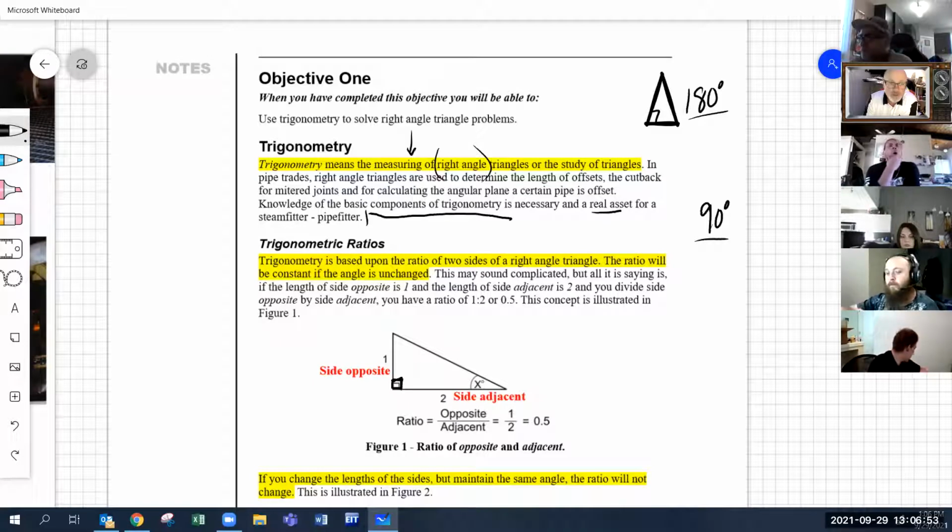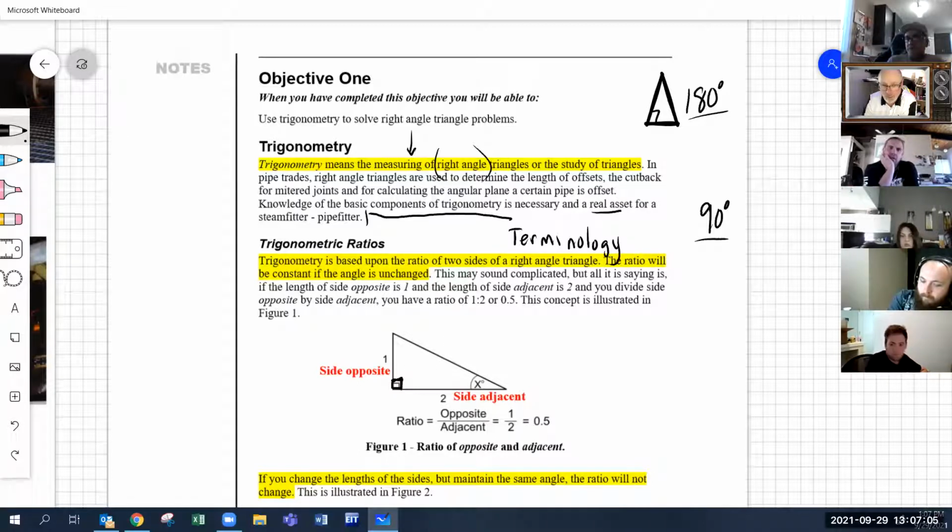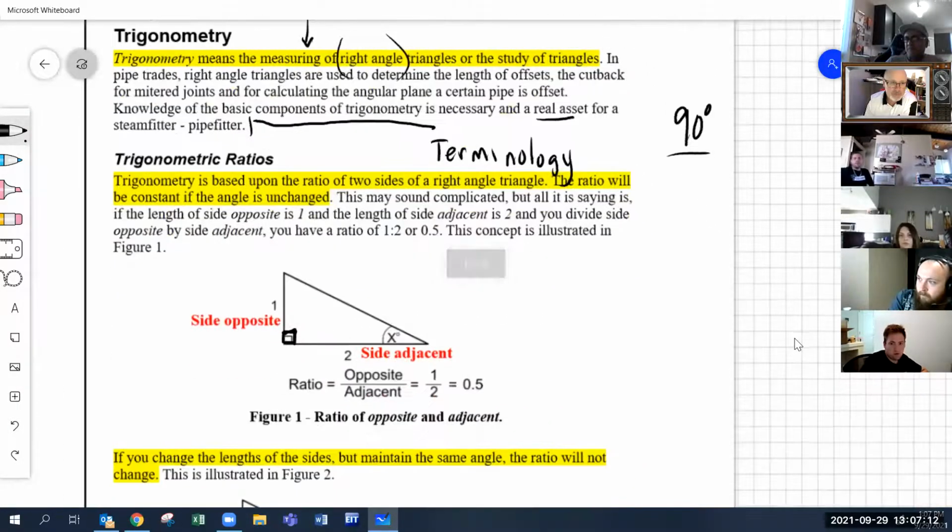So what that is, is terminology. We need to know the terminology if we want to know how to solve for trigonometry. We need to know the terminology. As you can see in this picture, let me just get it a little bigger here.